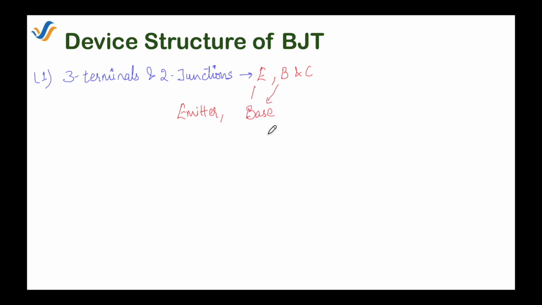The base is the region that forms the base of the current conduction process, and C stands for the collector, as its name shows, its purpose is to collect the carriers emitted from the emitter. Now let's see what the two junctions are. The first junction is the emitter base junction and the second junction is the collector base junction.